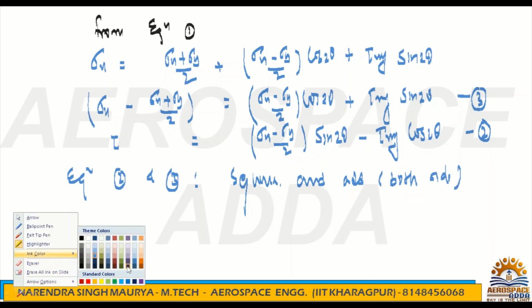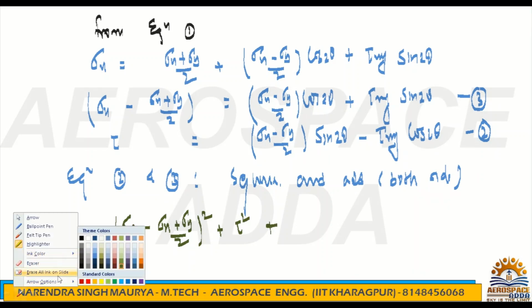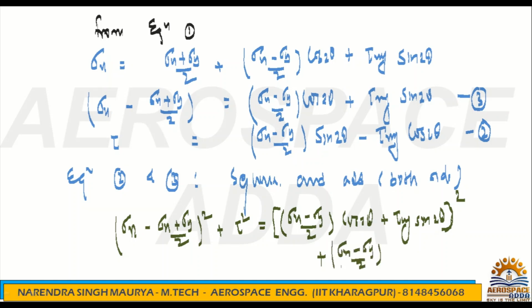So what you will get here is sigma n minus sigma x plus sigma y by 2, squared, plus tau squared, and add both, equal to sigma x minus sigma y by 2 cos 2 theta plus tau xy sin 2 theta, squared, and add sigma x minus sigma y by 2 sin 2 theta minus tau xy cos 2 theta, squared.